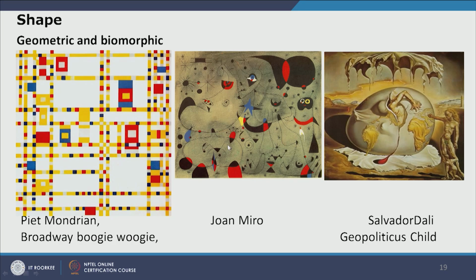And also we have free flowing curves, which are biomorphic. So Miro's composition comprises geometric as well as biomorphic shapes, but Piet Mondrian's composition is completely geometric, and Salvador Dali's composition is more of biomorphic shapes.